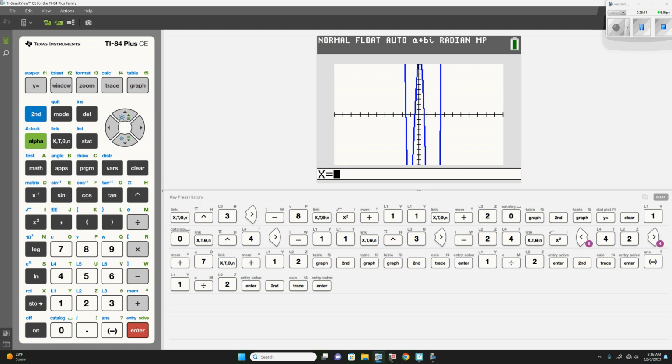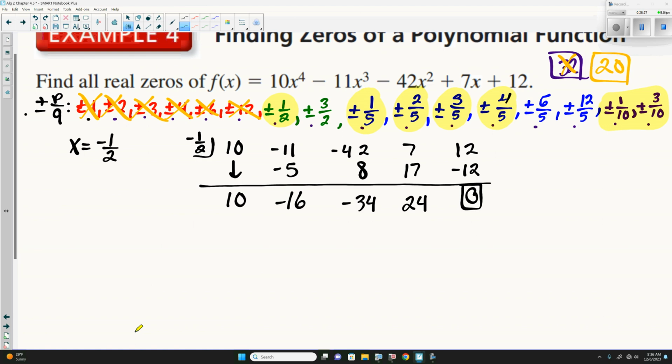Second trace, value 3/5, which is 0. And we could use this second trace and just start trying other values in. So we could have done it with 1/5, 2/5, 3/5, 4/5, and going on.